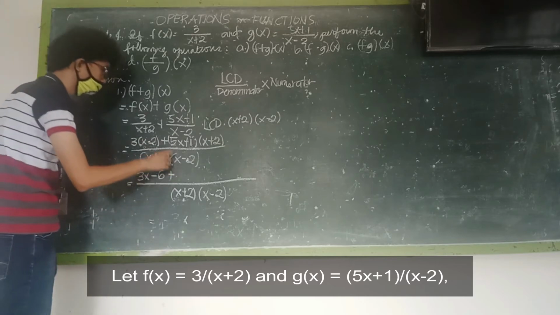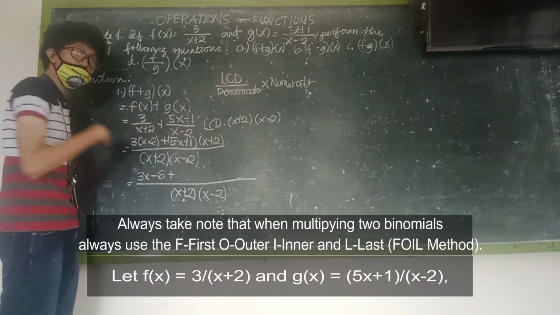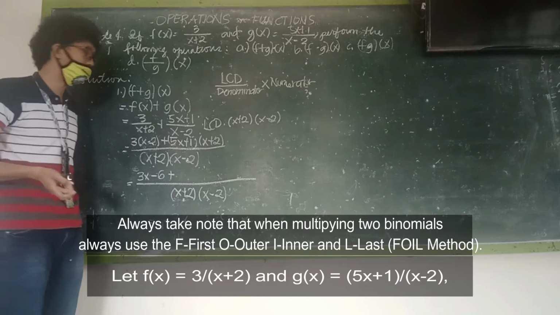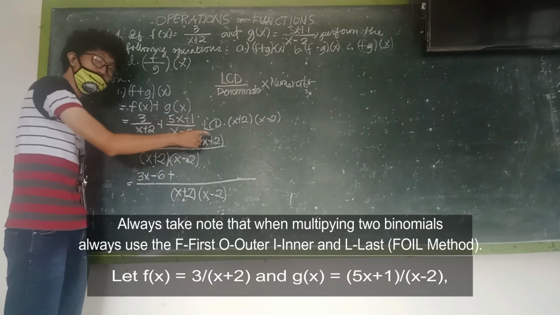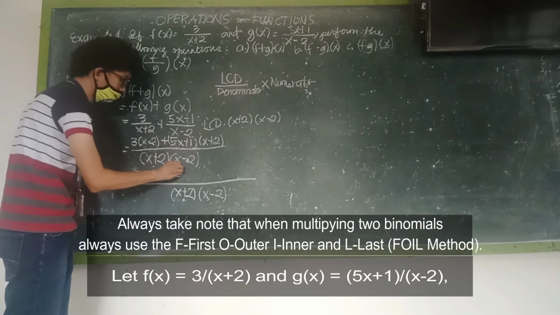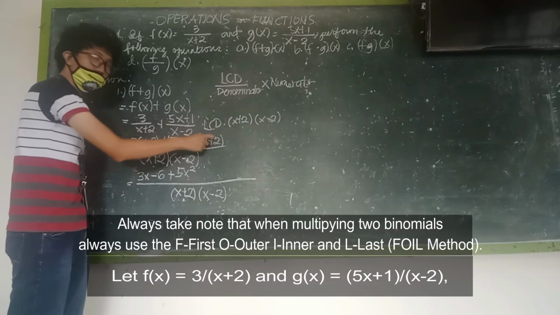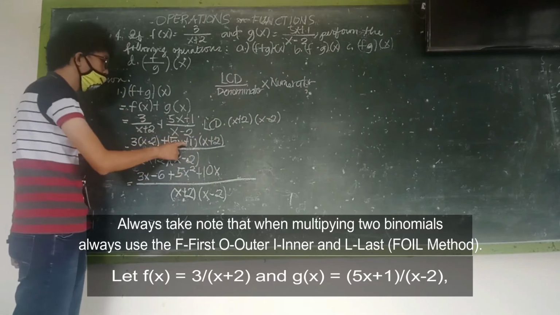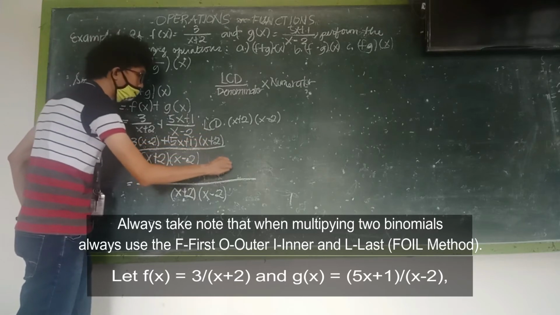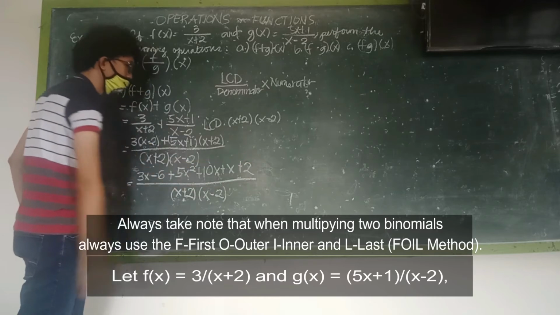Plus, we will use now the FOIL method for these two binomials kasi we are multiplying binomial to a binomial. We have 5x, first terms, 5x times x, we have 5x squared. Then outer, 5x times 2 plus 10x. Then inner, 1 times x, x. Then last, 1 times 2 is 2.